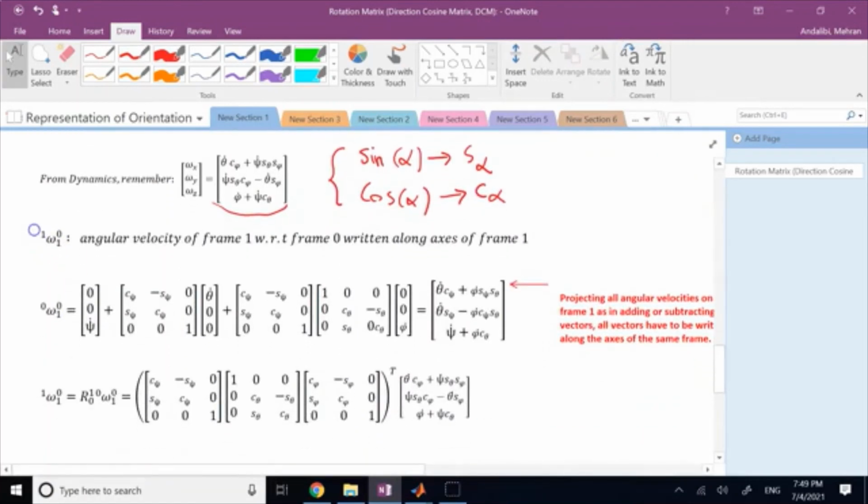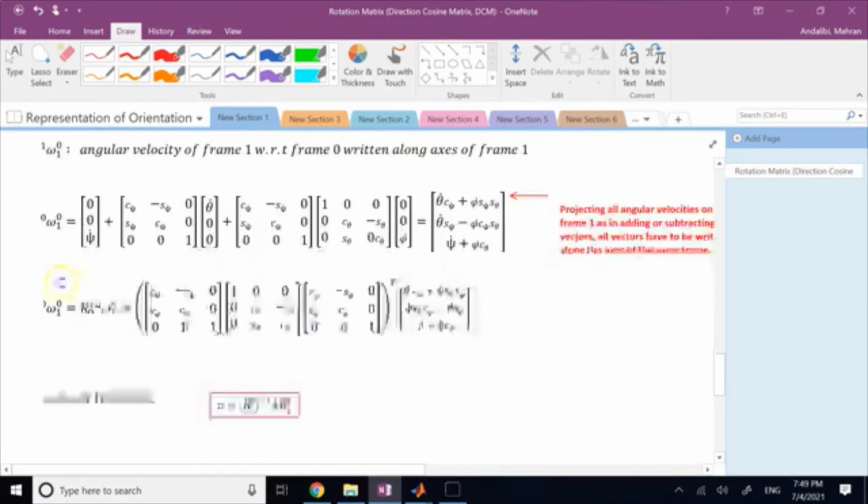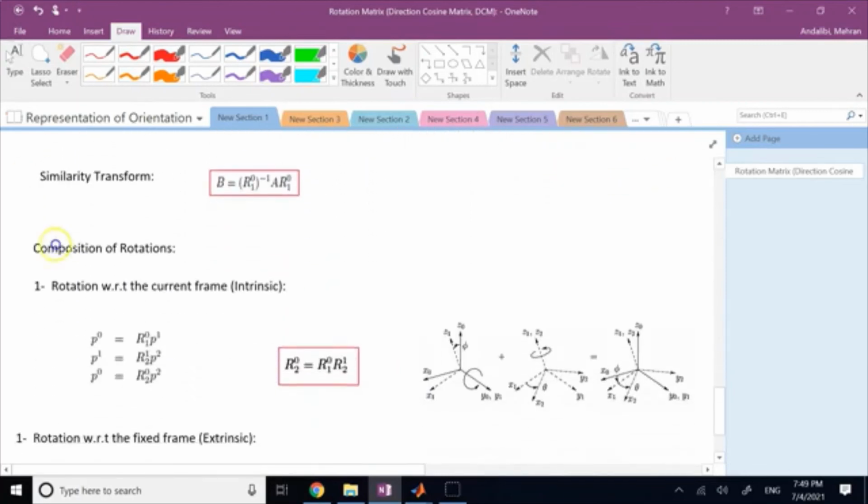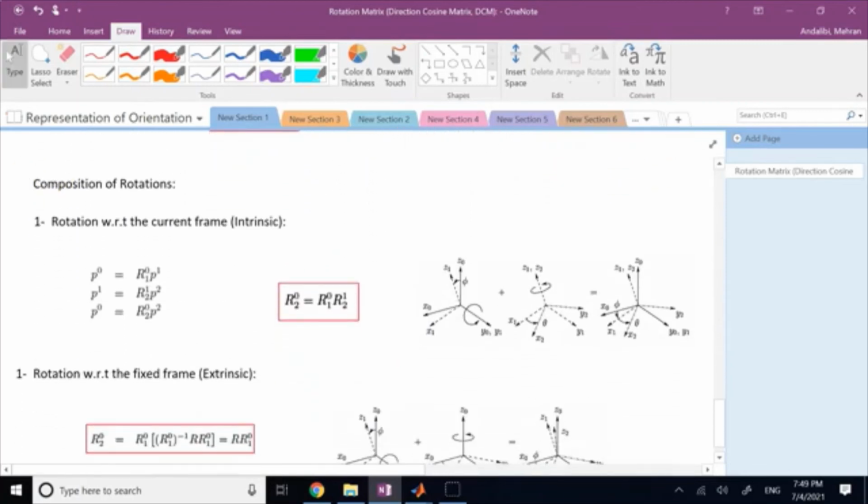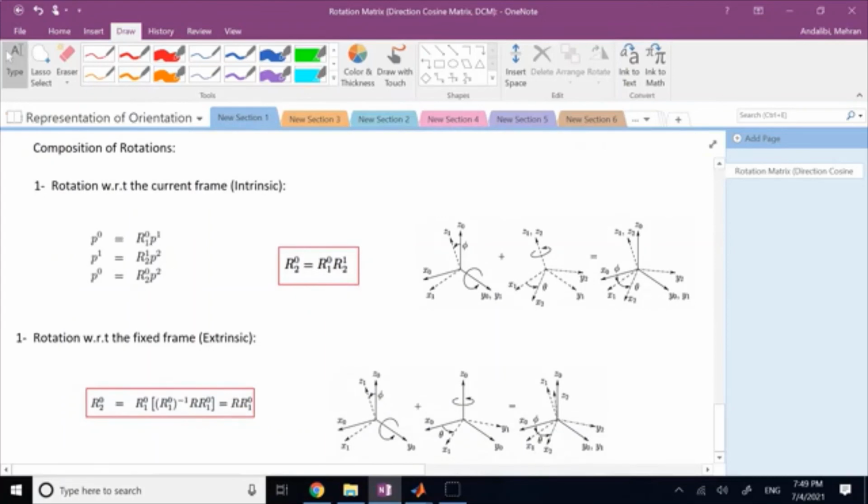Now the question is, can I do it using these rotation matrices? And the answer is absolutely. How? To do that, first I need to come back here and talk about composition of rotations, okay? So here we need to talk about composition of rotations.